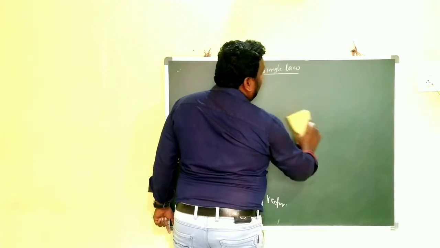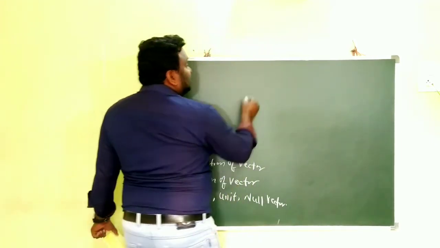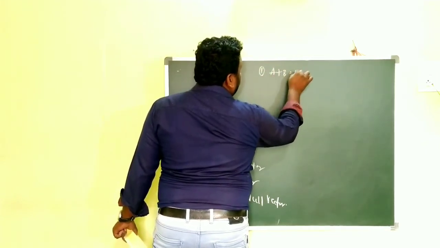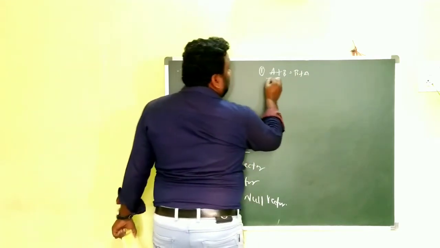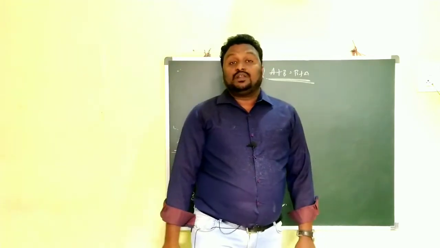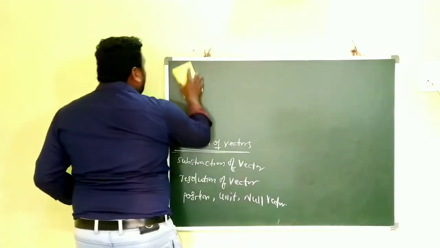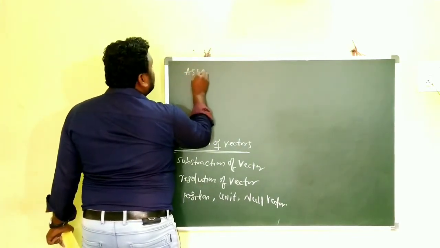Simply remember here the addition of vectors: in this case, A plus B is equal to B plus A. Clear? So obviously it follows the commutative law. Addition of vectors obeys the commutative law. And children, now here addition of vectors also obeys the associative law.